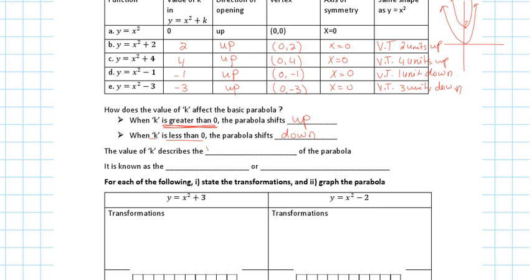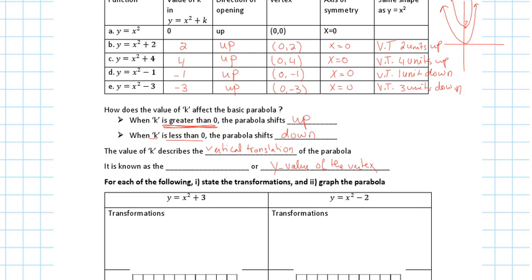It is known as the y value of the vertex. I'm just going to write this here because I have more room. Now, if I look at the y value of the vertex, what else do we call that? The optimal value. Okay?